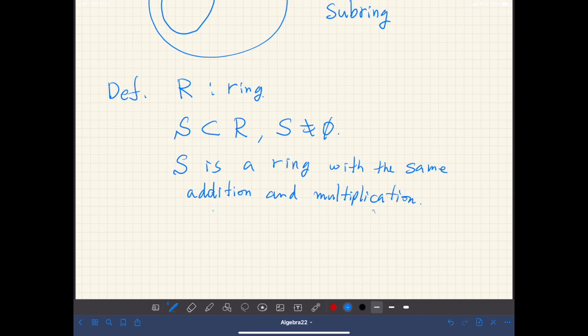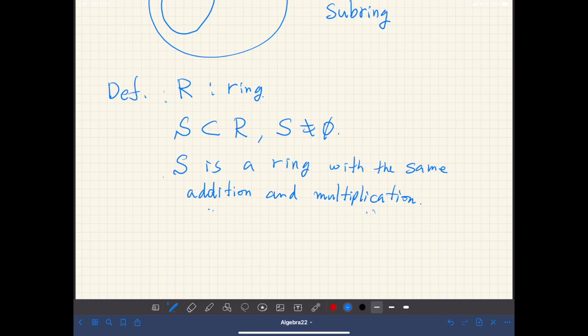Addition and multiplication are not unique. So we may be able to define different types of addition and multiplication for any set. But here we are saying that R is a ring, so it comes with some addition and multiplication.